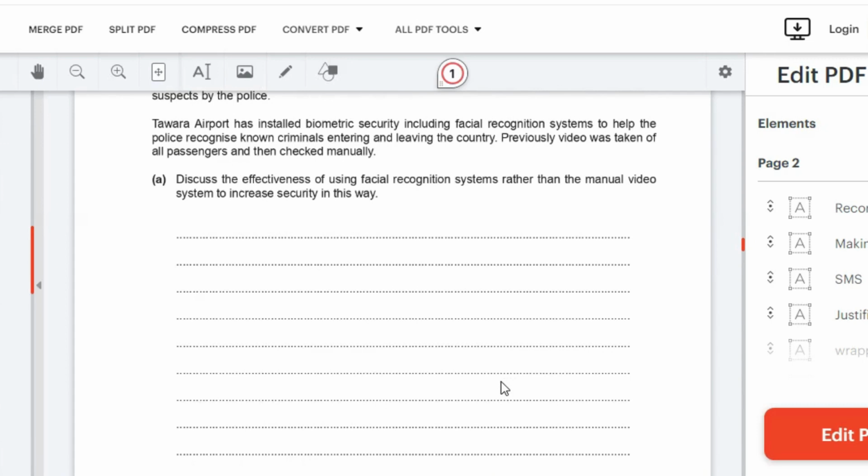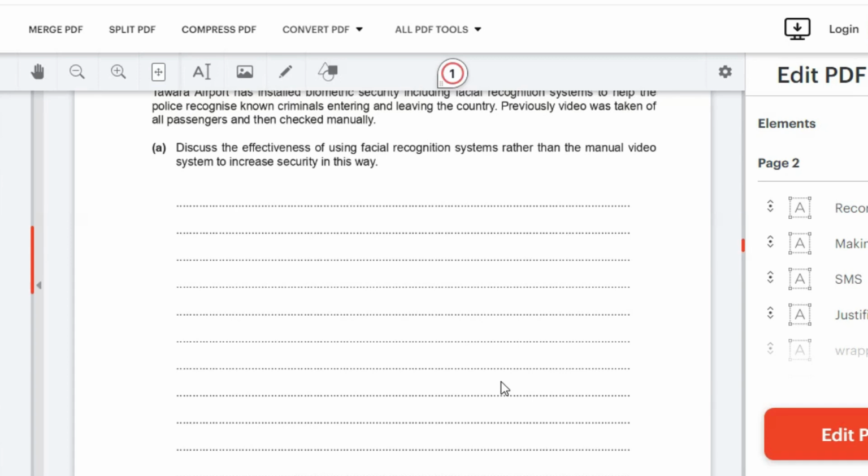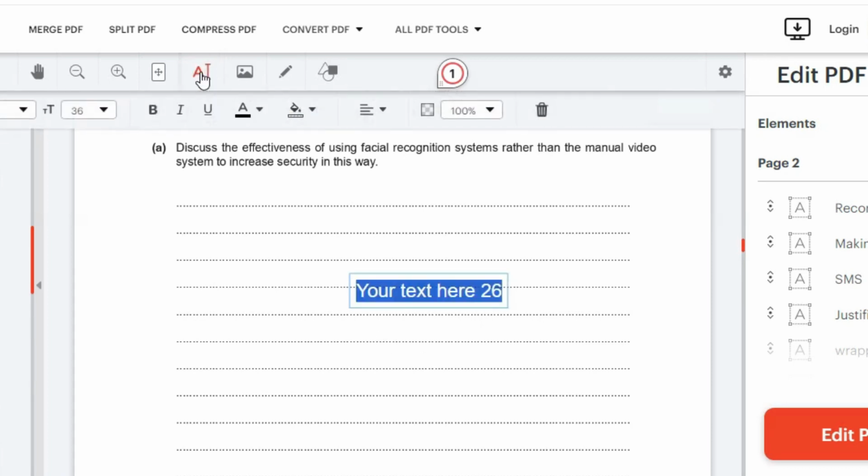Previously, videos were taken of all passengers and then checked manually. A. Discuss the effectiveness of using facial recognition systems rather than the manual video system to increase security in this way.